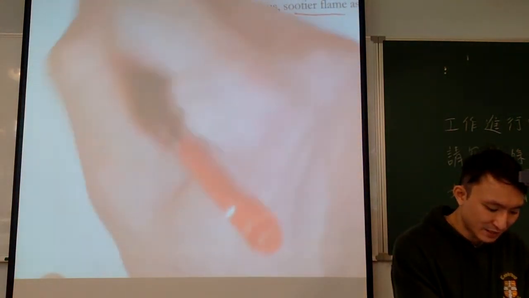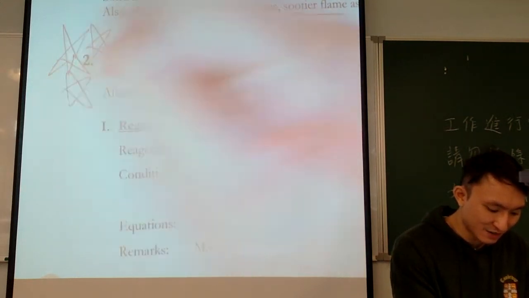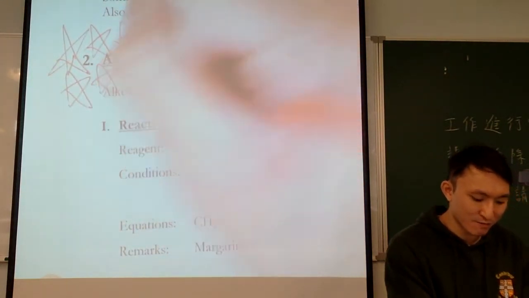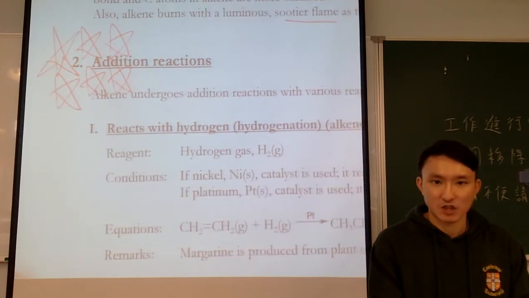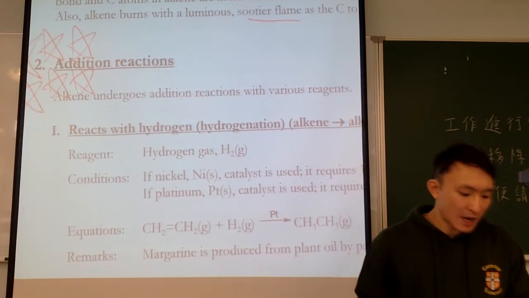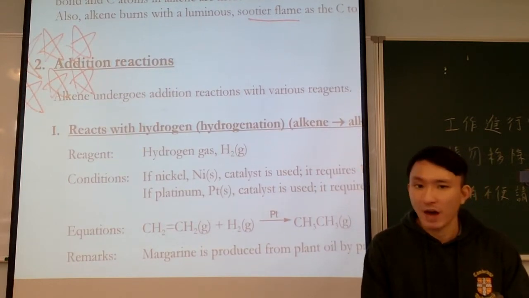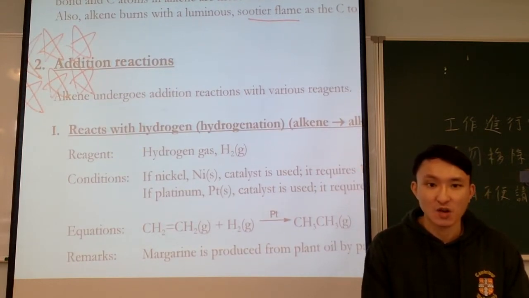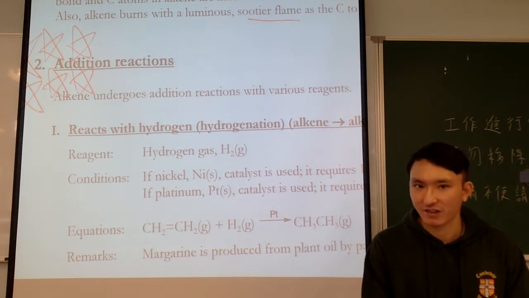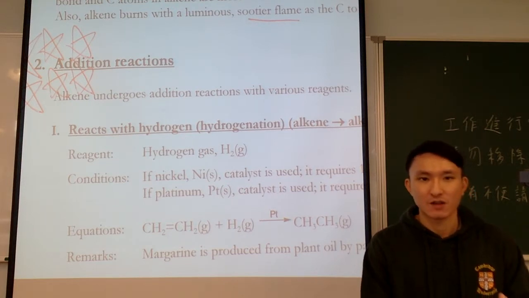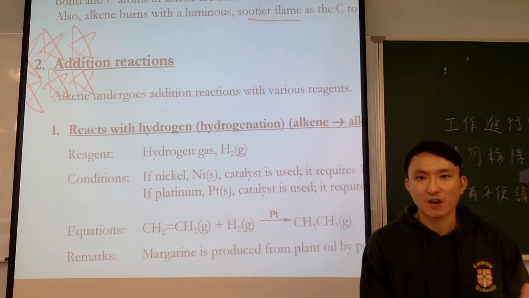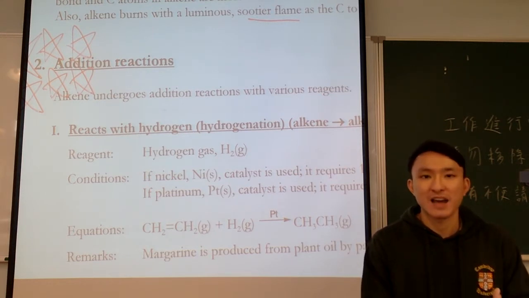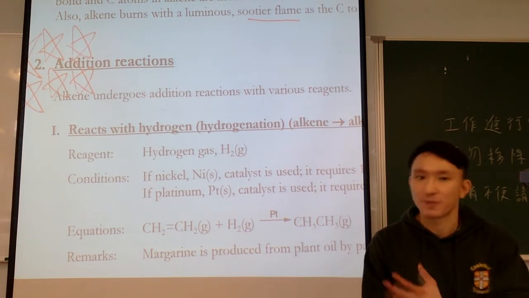Here, please put many stars, because this is a very important part. Almost every year they ask about this in the DSE exam. Addition reaction. If you remember, alkane undergoes substitution reaction. In a substitution reaction, part of the molecule is replaced by another atom or another group of atoms.